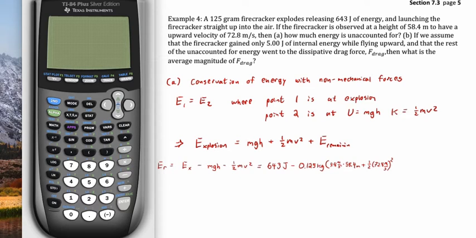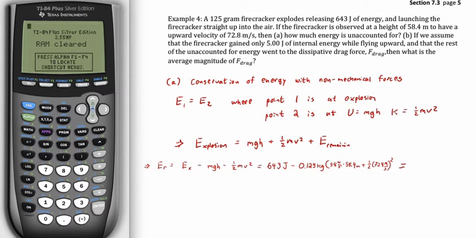Okay, so let's go ahead and calculate that remaining energy, because that will be our value. So let's do our 643 joules minus our fairly small weight of 125 grams. And then in our parentheses, we're going to have gravity and then the height.